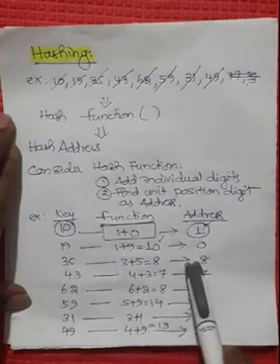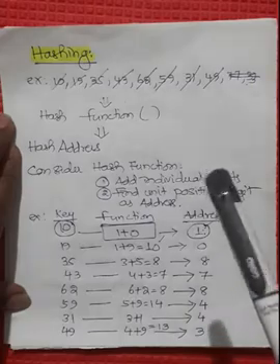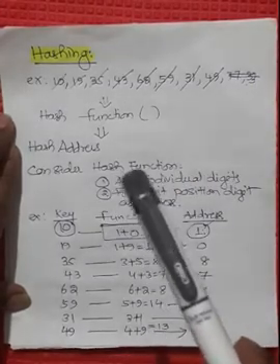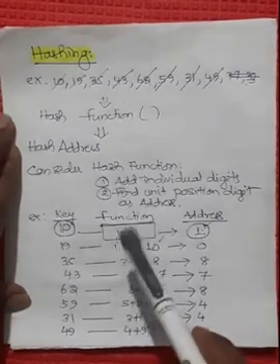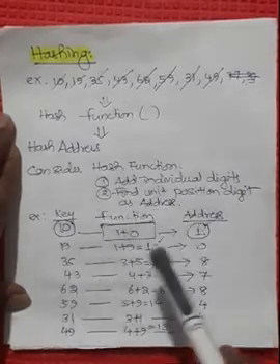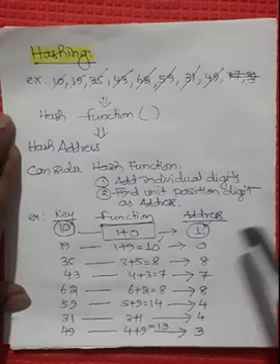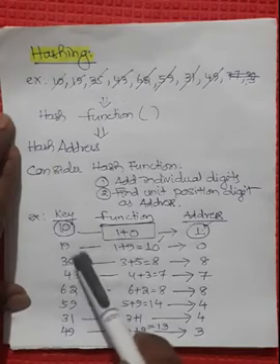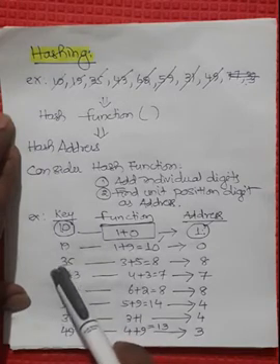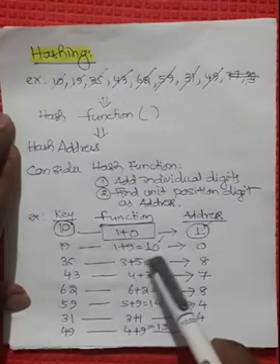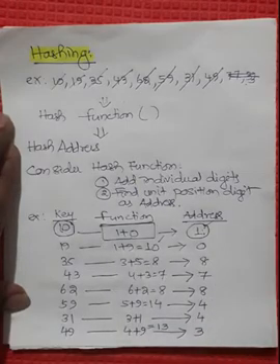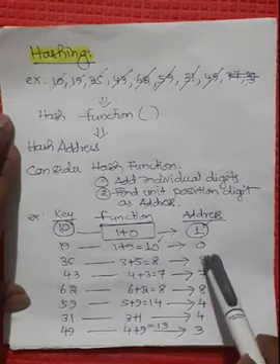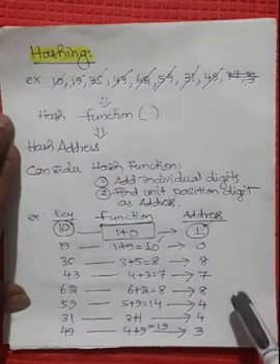So what is the benefit of it? Whenever you want to search for a value, suppose you want to search for 35, the function generates 8, so directly you go to address 8 and fetch the data. So what time will it take? Whenever a user wants to search for a key value, finding the corresponding address with the help of the function and moving directly to that location takes constant time.